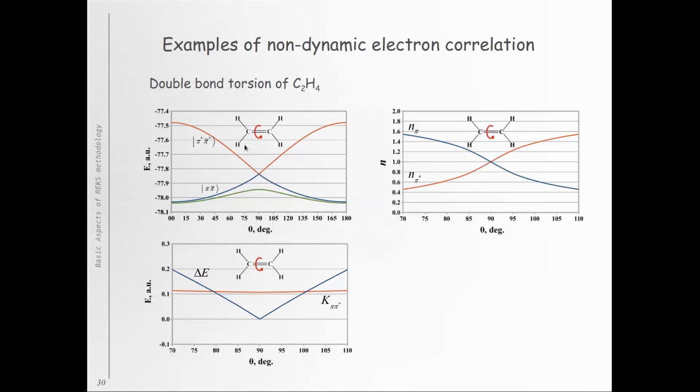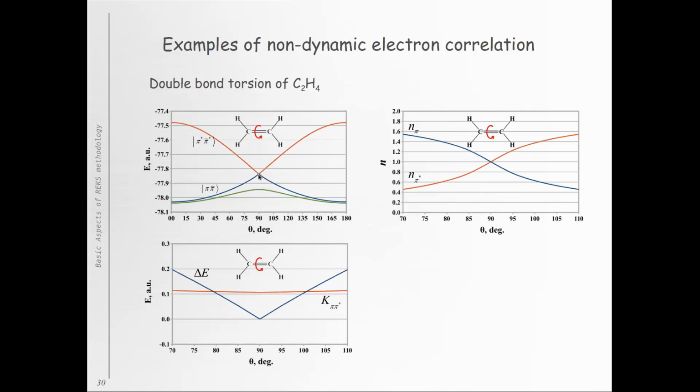In this case, again, the pi orbitals, which were pi bonding orbitals, were doubly occupied in the beginning. Pi antibonding orbitals were empty in the beginning, but at around 90 degrees of torsion, the two electronic configurations, doubly occupied pi bonding and doubly occupied pi antibonding, become degenerate.